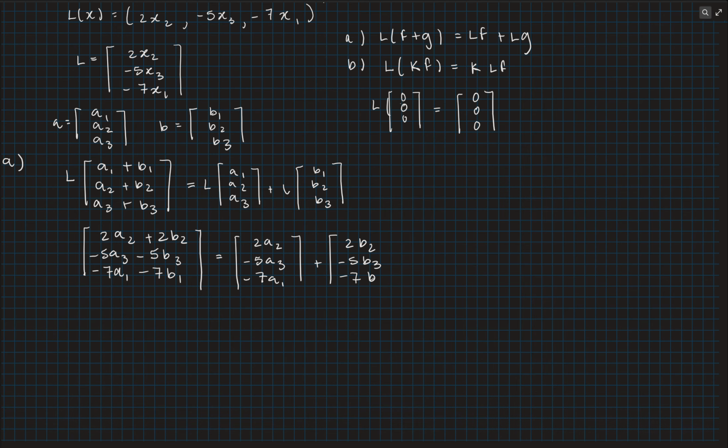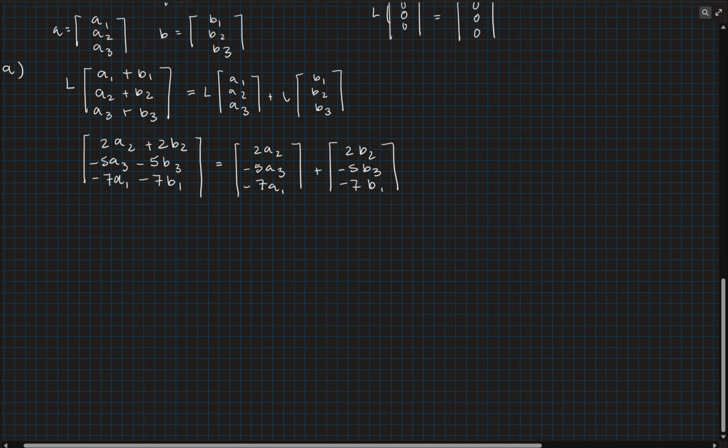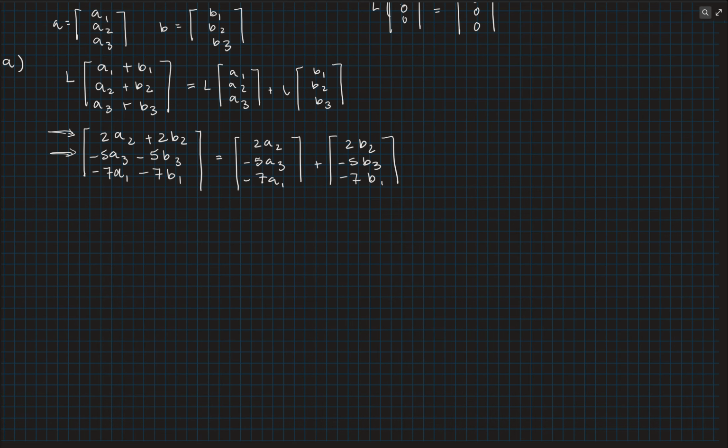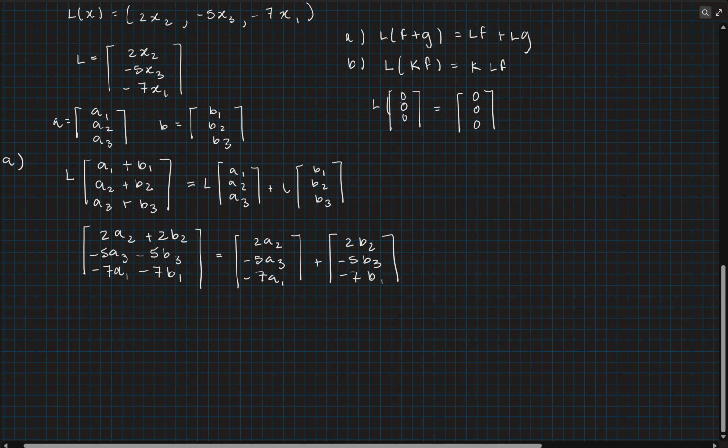If I add these two together, do we get the same thing? Well, 2a2 plus 2b2, okay, we get this first one, that's correct. Minus 5a3 minus 5b3, perfect, the second row is correct. And negative 7a1 minus 7b1, and we get this third row. So they're equal to each other, and that means this operator satisfies the first condition.